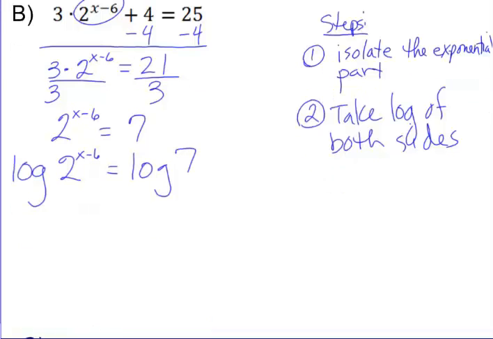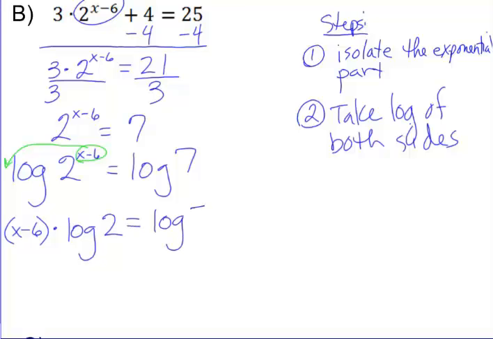Now we're going to use that power property again to bring the exponent down to the front. Make sure you keep parentheses around it because that whole piece has to stay together. So the whole exponent was x minus 6, times log 2 equals log 7.